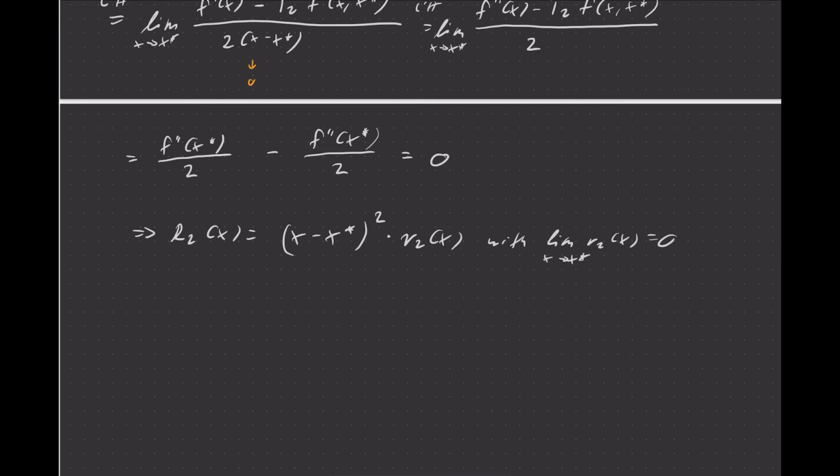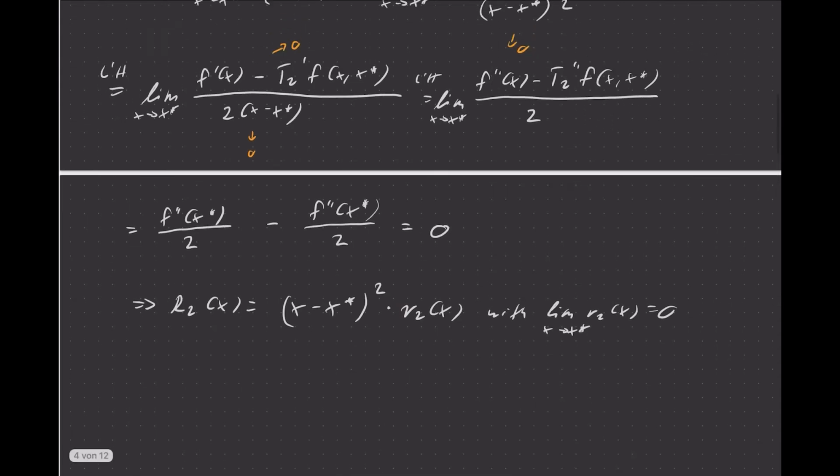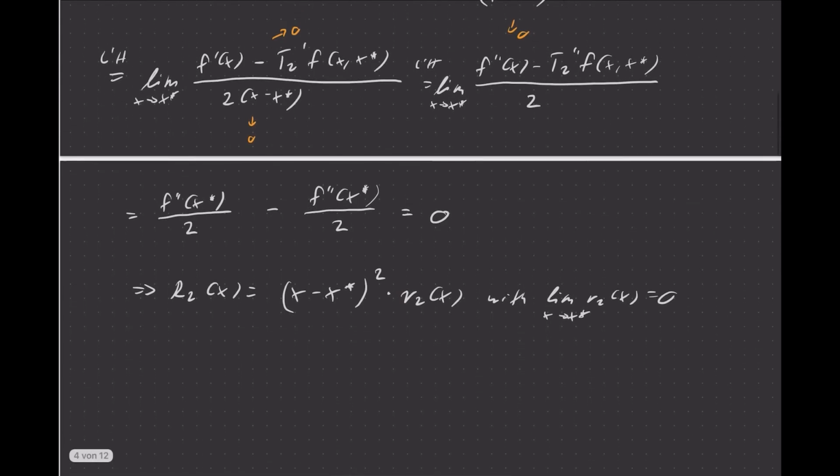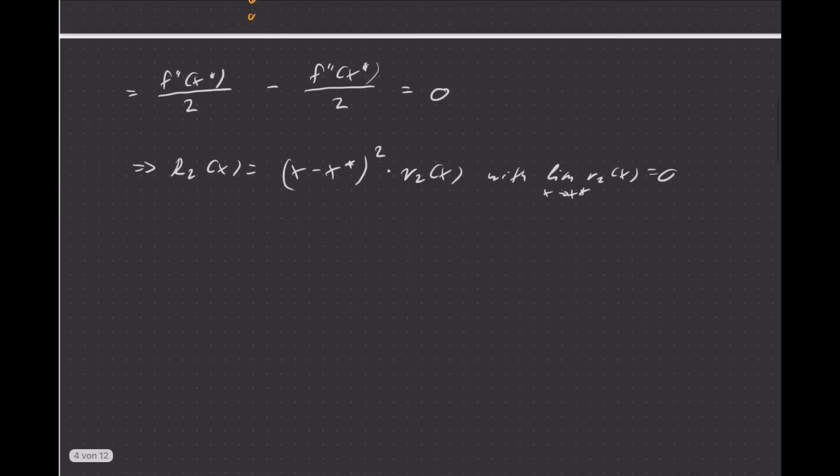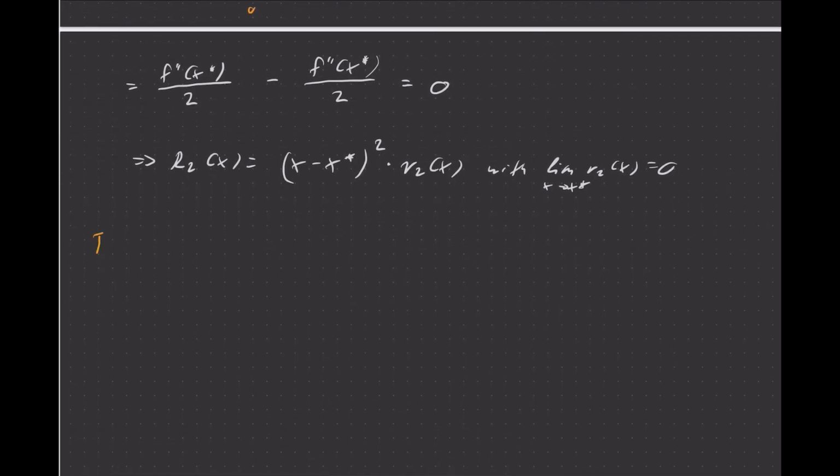So in other words, the approximation is at least as good as this term here times some function that also goes to 0. So this here won't destroy our approximation properties. And of course, in the way that we've just seen with this L'Hopital's rule argument, this property can be generalized, and this leads to the first approximation theorem for Taylor polynomials.